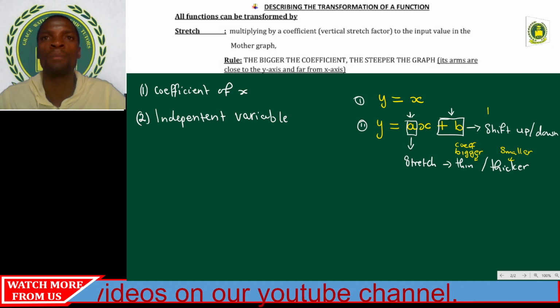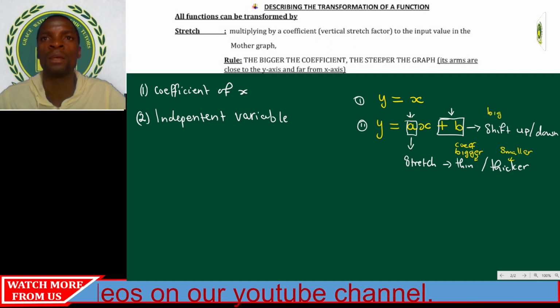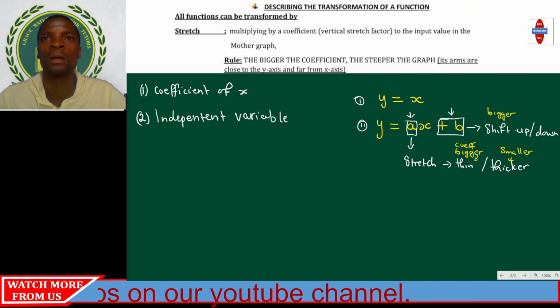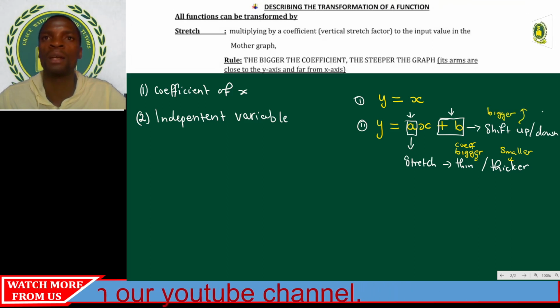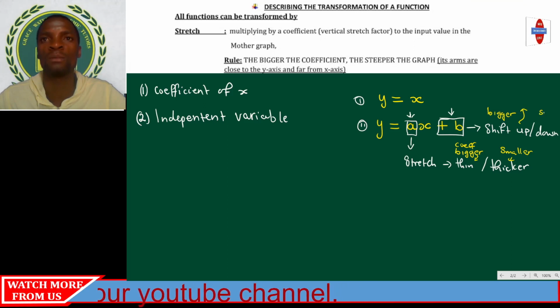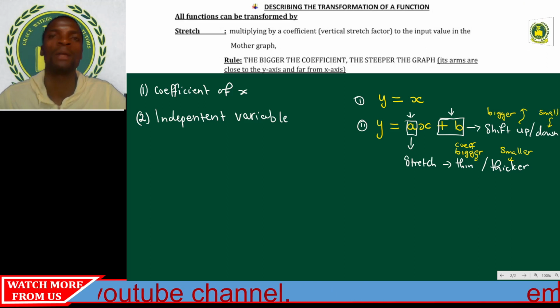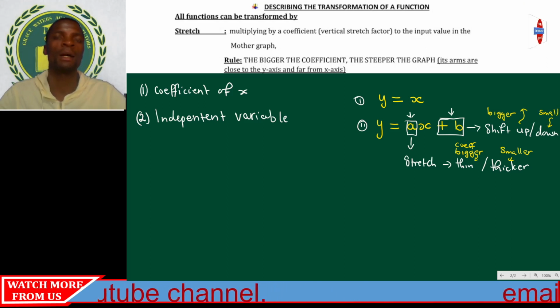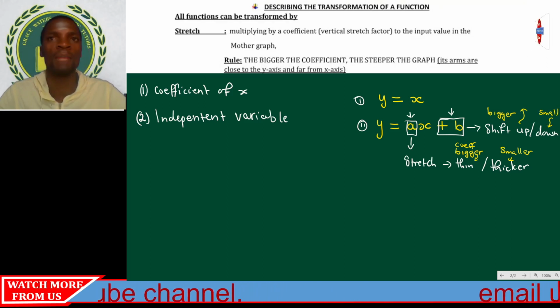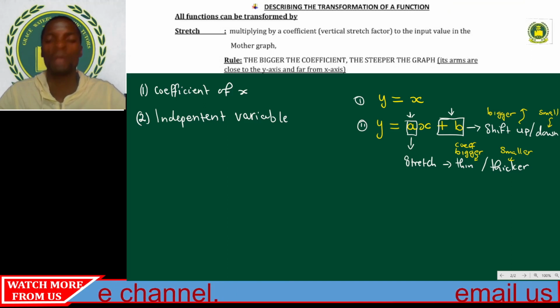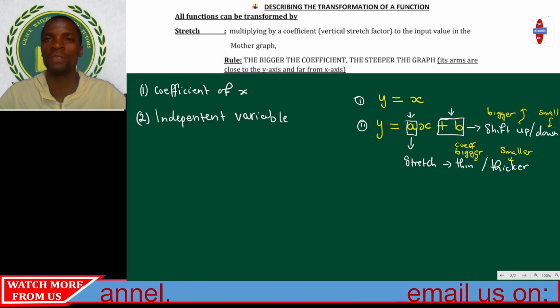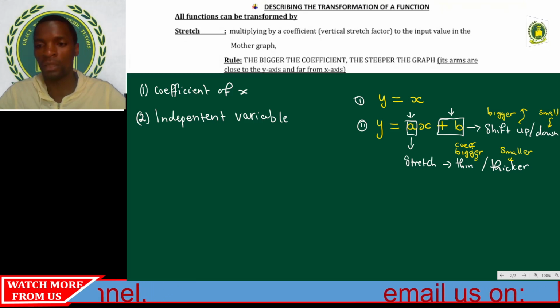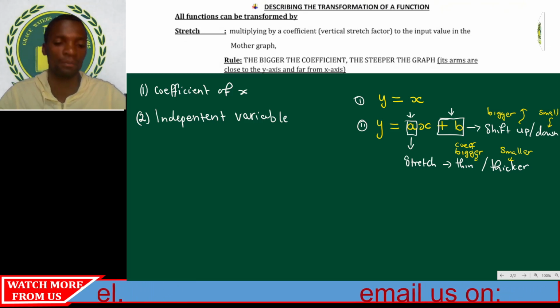The bigger the value of B, the graph will move up, but when the value of B is smaller, the graph moves down. We need to consider that exactly using a certain animation. So let me quickly show you how we transform these things using maybe a picture.